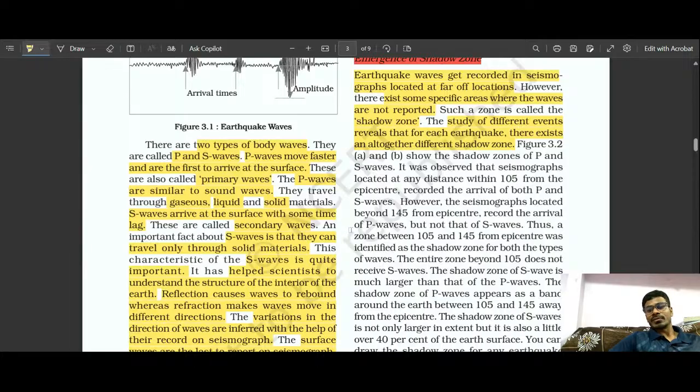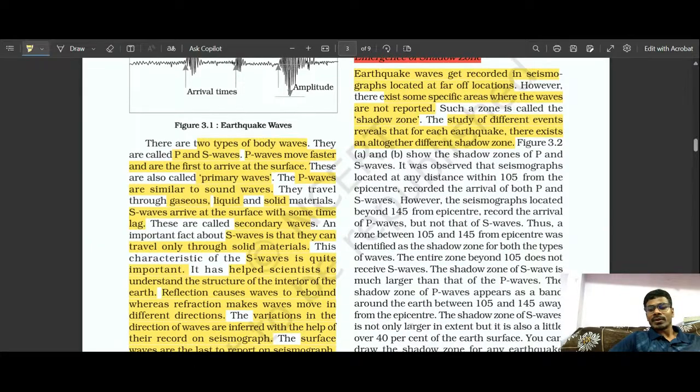The entire zone beyond 105 degrees does not receive S waves. The shadow zone of S waves is much larger than that of P waves. The shadow zone of P waves appears as a band around the Earth between 105 and 145 degrees away from the epicenter.